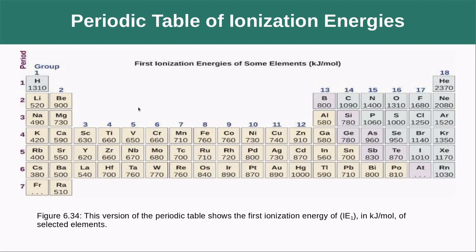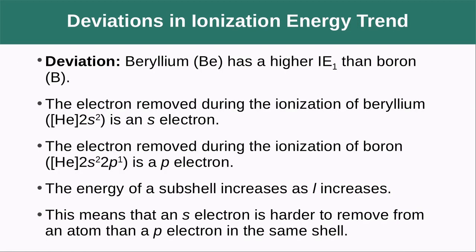Here we have a periodic table showing us all of the ionization energies for all of our elements. There are some deviations in the trends of ionization energies, and this is due to the electron configuration. So if we look at beryllium and boron, the electron that we're going to remove during the ionization of beryllium is an s electron, but for boron it's a p electron.